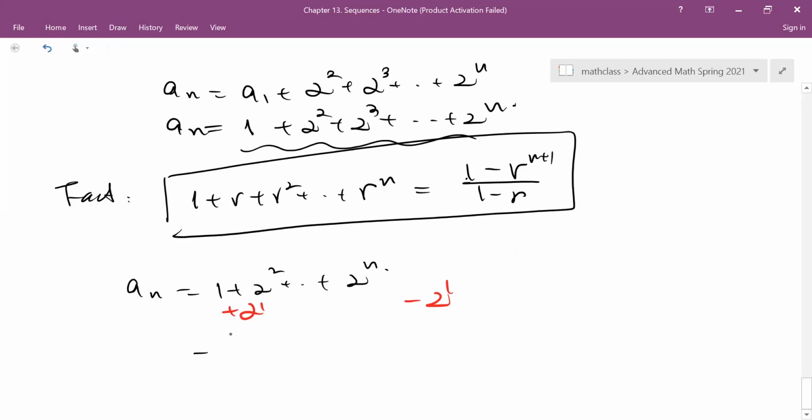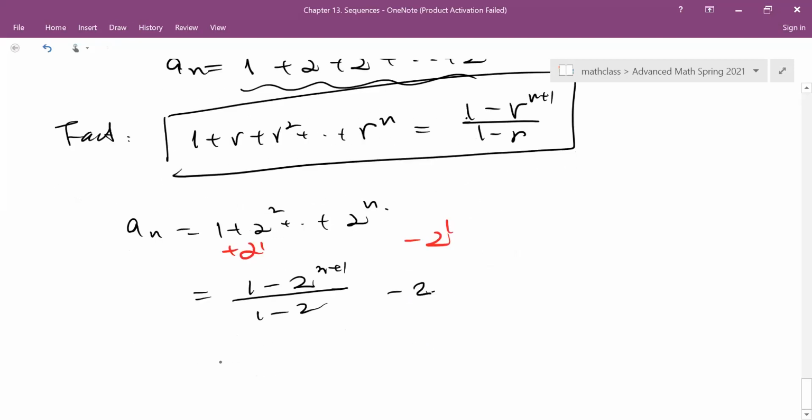Then this is going to be 1 minus 2 to the n plus 1 over 1 minus 2, and the denominator is negative 1. So the answer is that, that is the formula.